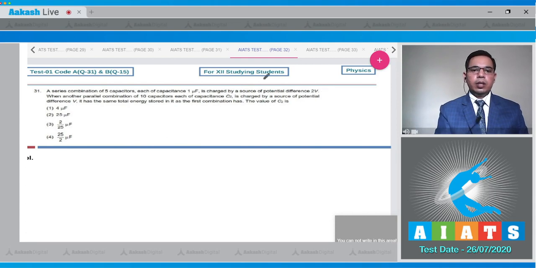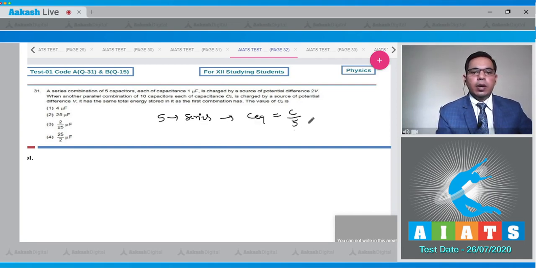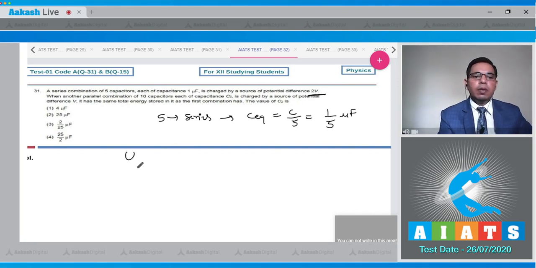Now dear students, it is given that there are 5 capacitors in series, and the total capacitance will be C by 5, that means 1 by 5 microfarad. Now it is given that when it is connected to a 2-volt battery, how much energy will be stored?